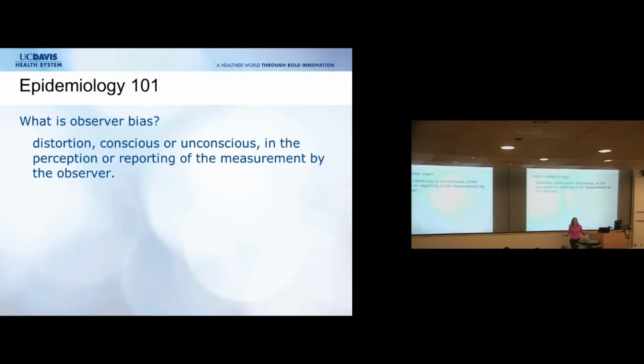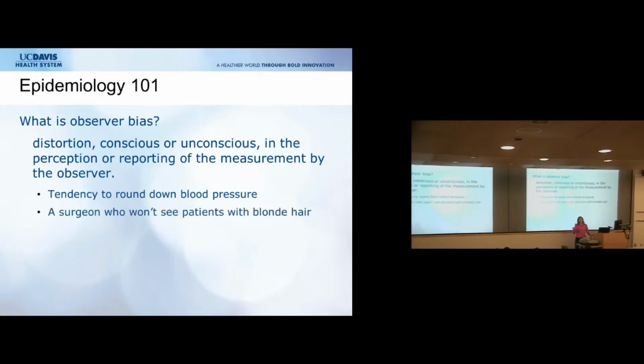So in our terms, what might this be? Can we give some examples? How do we as surgeons introduce bias? Anyone? All right, so if we report blood pressure and we always have a tendency to round down, that's going to be observer bias. A surgeon who doesn't see patients with blonde hair, that's a significant observer bias.